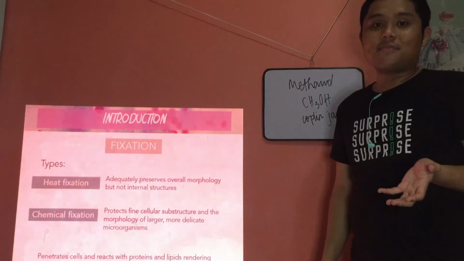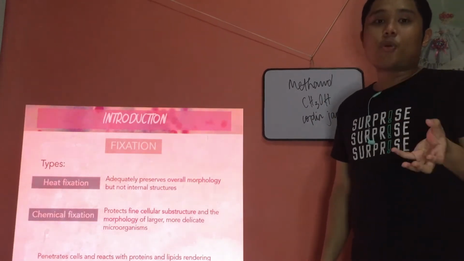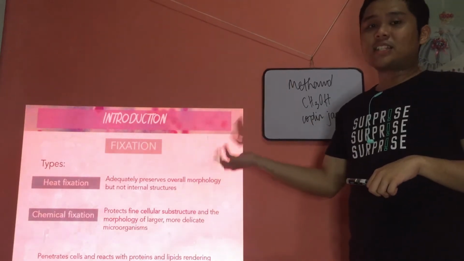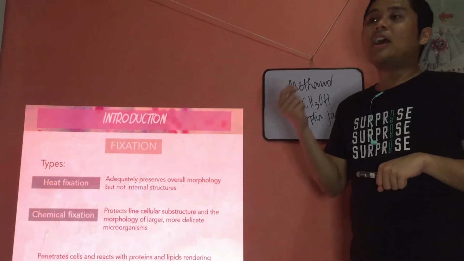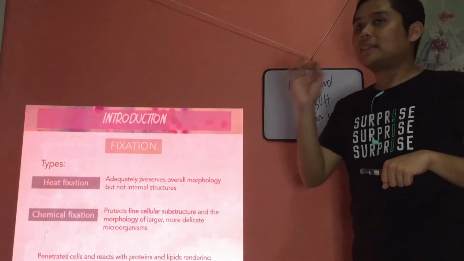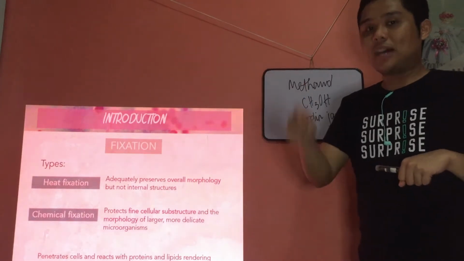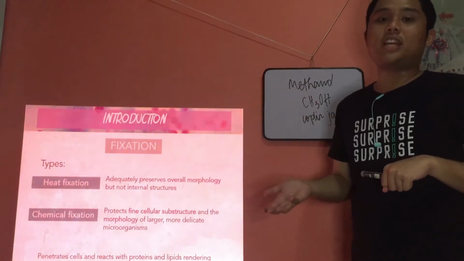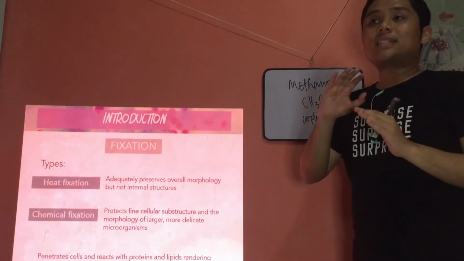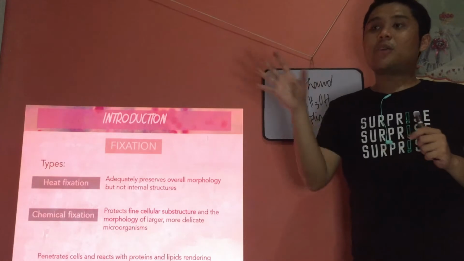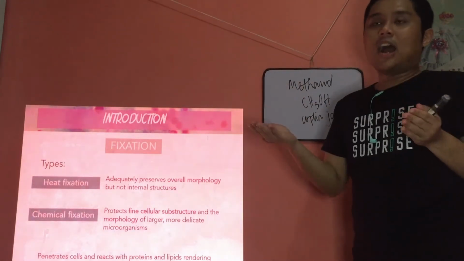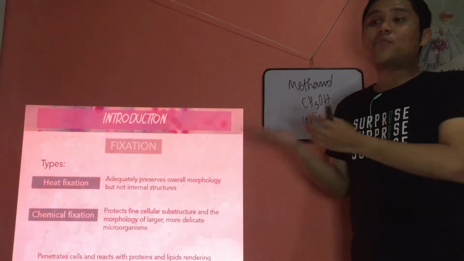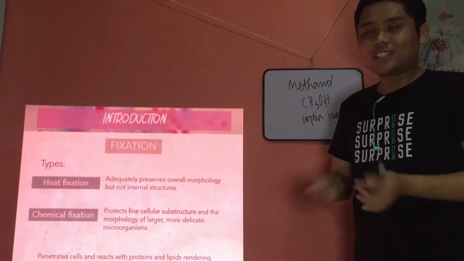Staining will not be helpful anymore because the morphology is damaged. Now, if we subject the organism to fixation, the organism will also die, but the morphology will be preserved, because we're really after morphology. It's through morphology that the stains will penetrate and give color to the organism, which aids us in identification. I hope nagets lang.